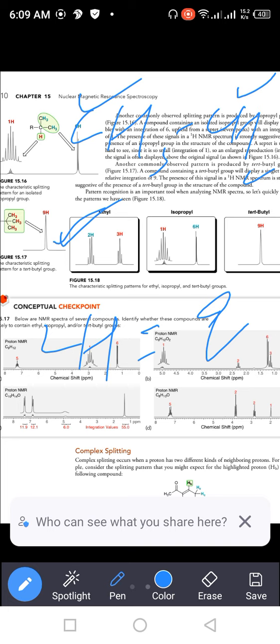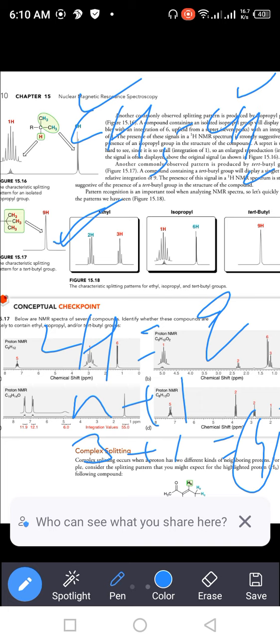When the neighbors are 3 protons, the n plus 1 rule says we put the value 3 plus 1, and the answer will be 4. 4 means quartet. So the 2 protons must show a quartet.